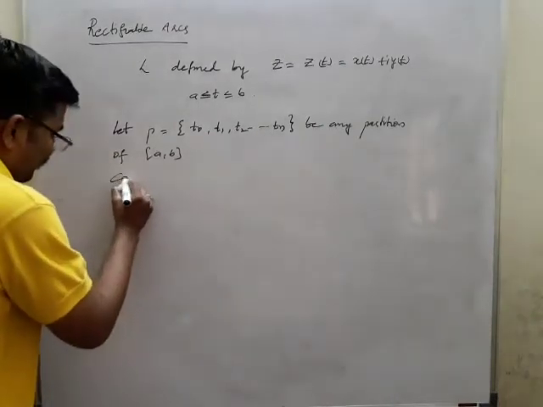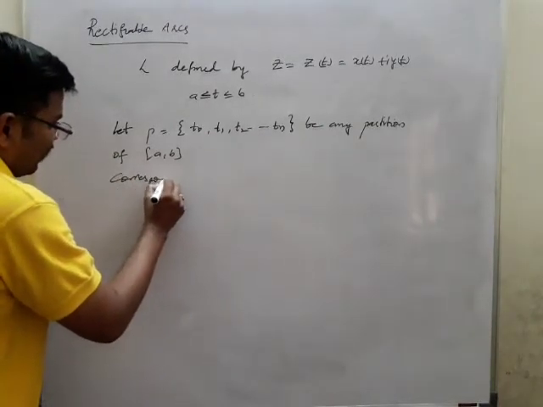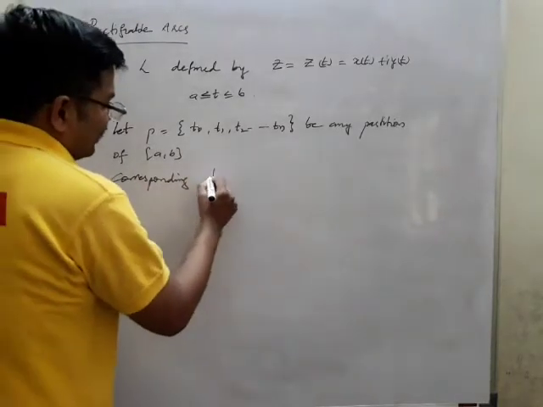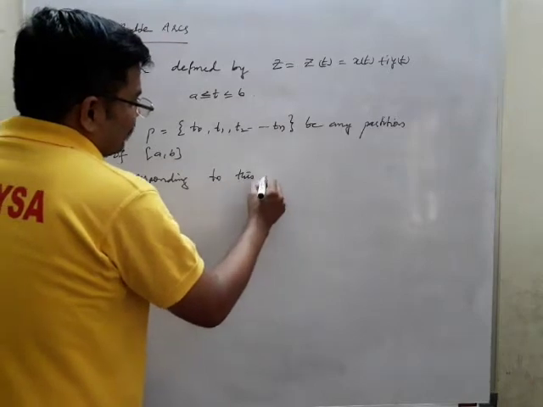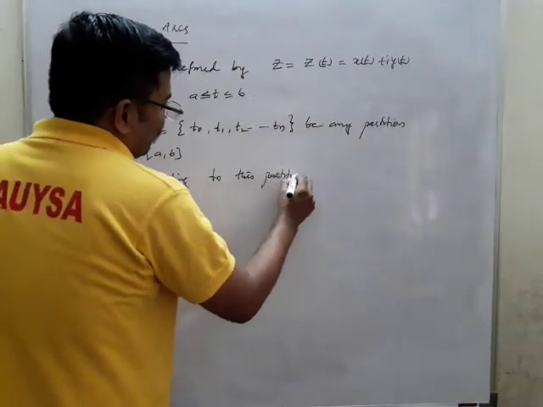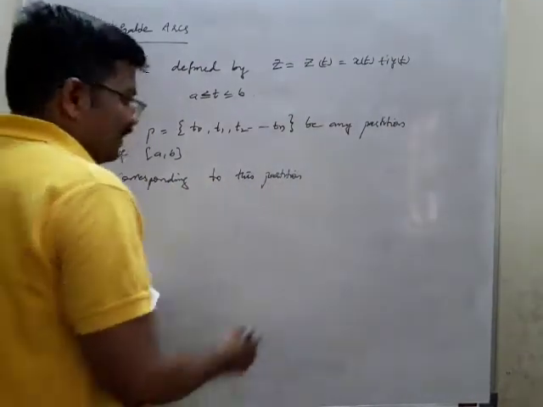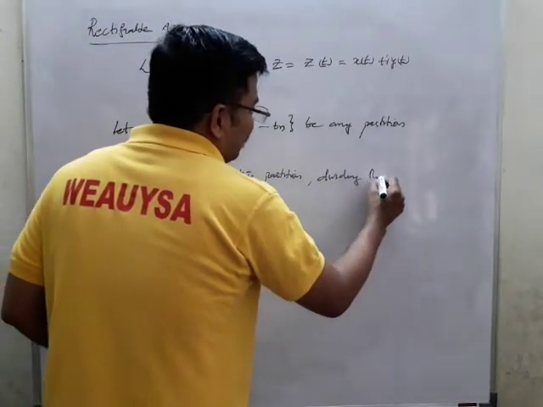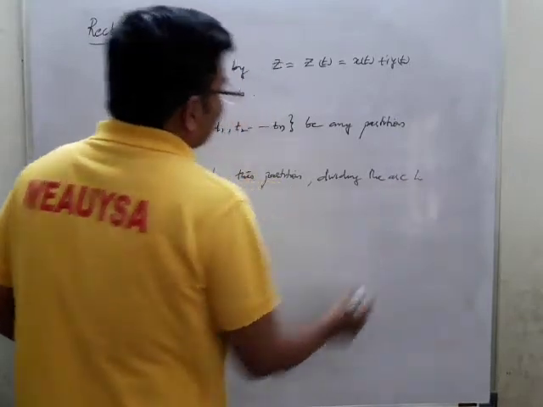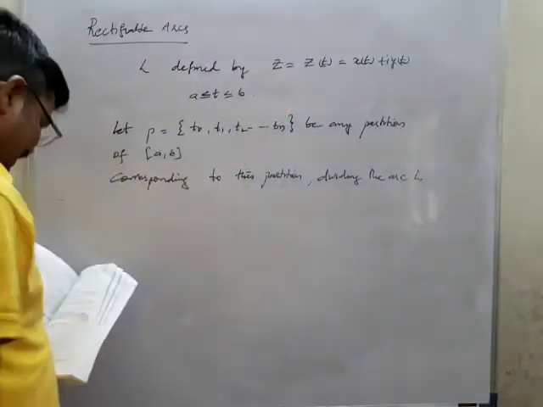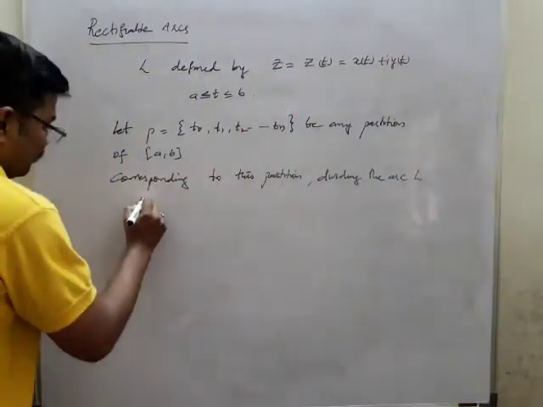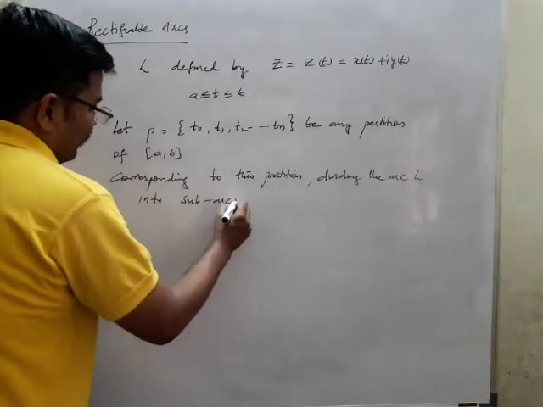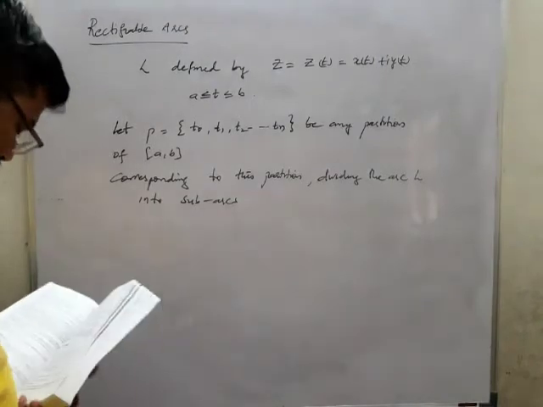Now corresponding to this partition, we are going to divide the arc L into sub arcs.